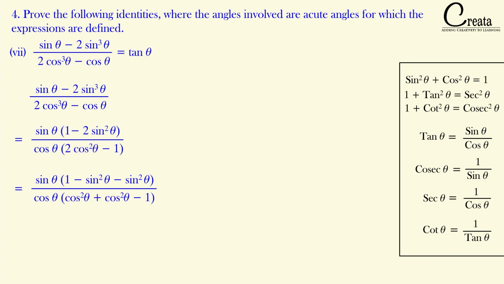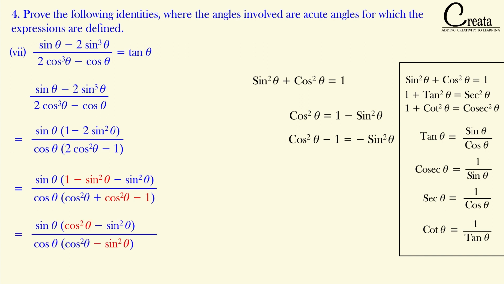Why we have done this? So that we can apply our first trigonometric identity equation, which is sin square theta plus cos square theta is equal to 1. Here 1 minus sin square theta is cos square theta, and cos square theta minus 1 is minus sin square theta. So let's replace the terms 1 minus sin square theta with cos square theta and cos square theta minus 1 with minus sin square theta.